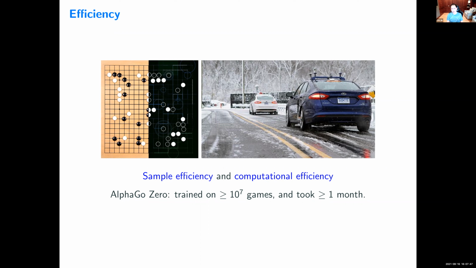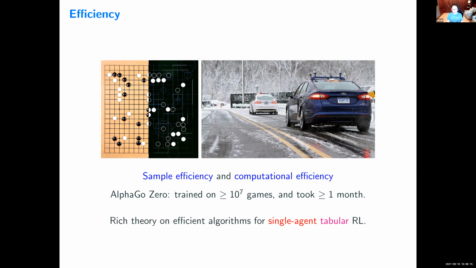So even the current successful model is trained with a tremendous amount of samples and a huge amount of time. And definitely to go further on the road of developing reinforcement learning, we do want to decrease the sample complexity. We also want to decrease the computational complexity. That's why in theory we care about both of them, and they are also very helpful for practical purposes.